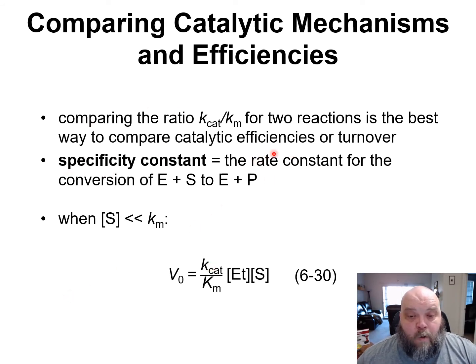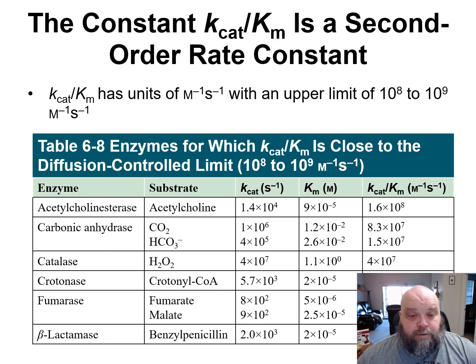So here's how turnover and our reaction rates come into play. This Kcat divided by Km has a unit of molars per second.